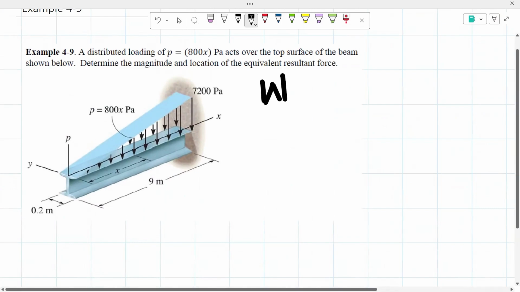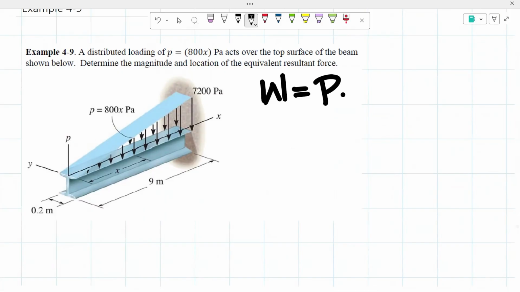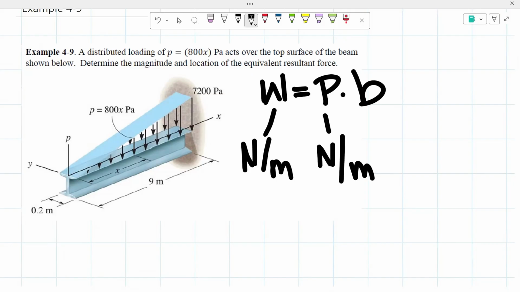So weight is equal to the pressure times that width, where our weight will be in terms of newtons over meters. Our pressure should be in terms of newtons over meters squared, and our width should be in meters.